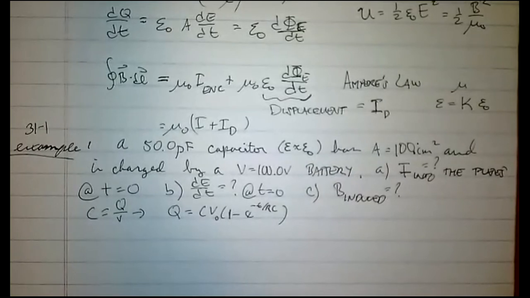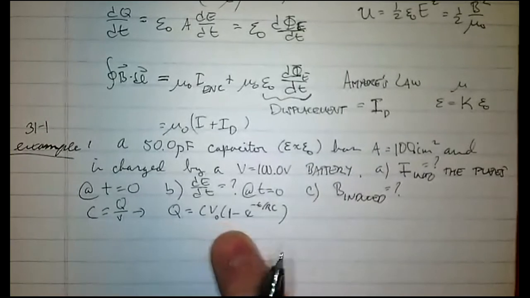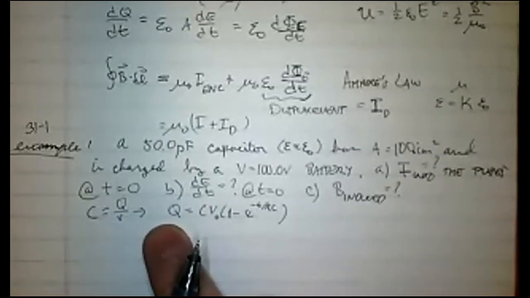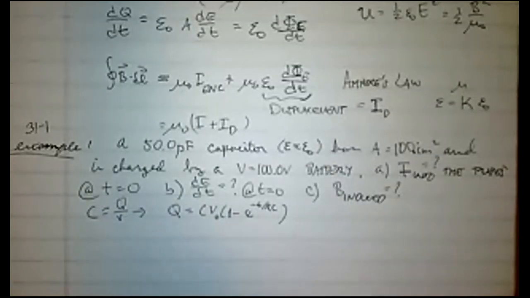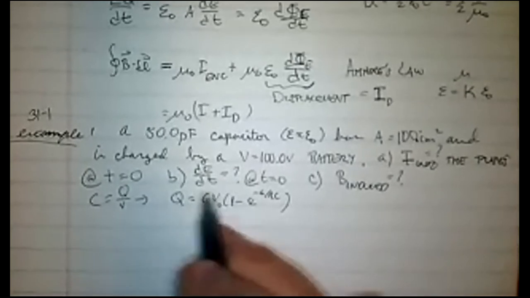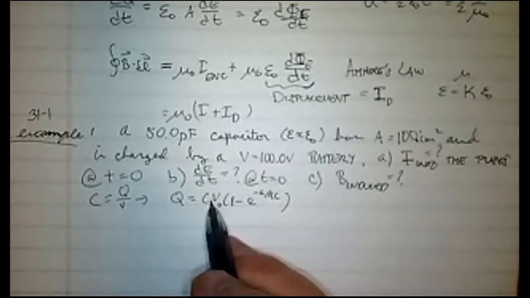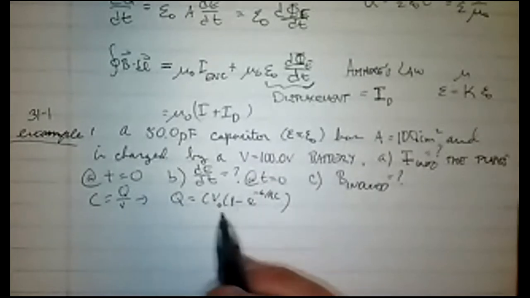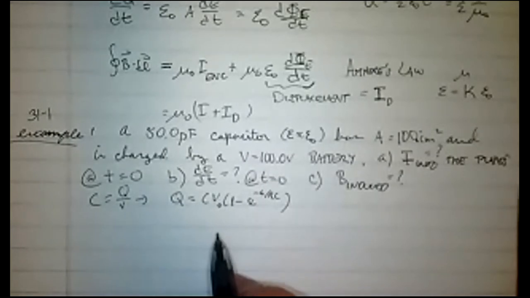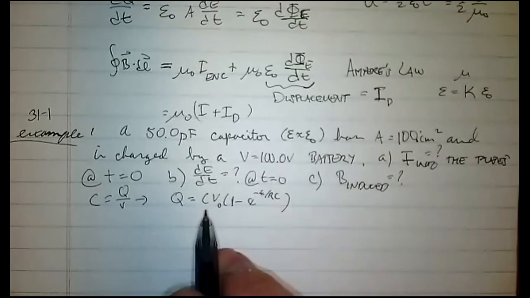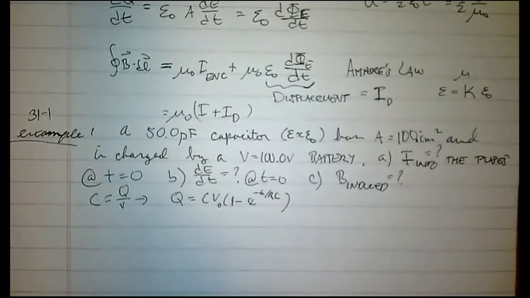That's our function of Q as a function of time, because it's going to exponentially grow up to reach asymptotically C times V0, which is the same charge it would have if there was only a capacitor and a battery in the circuit. We're using a 100-volt battery and a 50 picofarad capacitor.